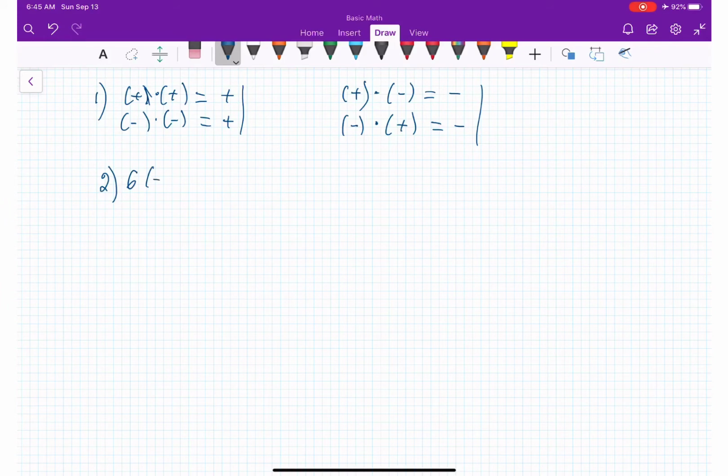6 times negative 5. When you have notation like that, that means 6 multiplied by negative 5. 6 times 5 is 30. Since 6 is positive, 5 is negative, the answer is going to be negative.